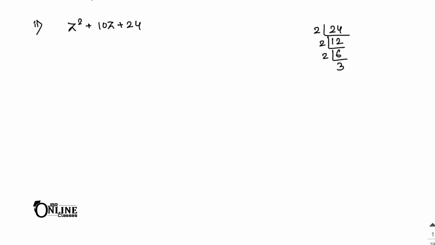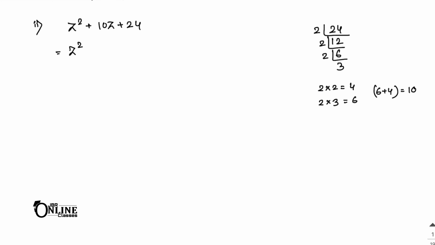In the middle term, 10, you have to make 10 with the help of these factors. So 2 into 2 becomes 4, and 2 into 3 equals 6. Now if you add 6 plus 4, it becomes 10. That means addition only one time, multiplication two times, as your choice.